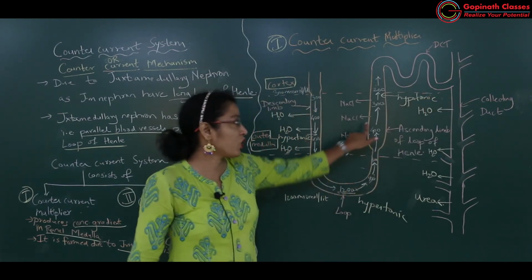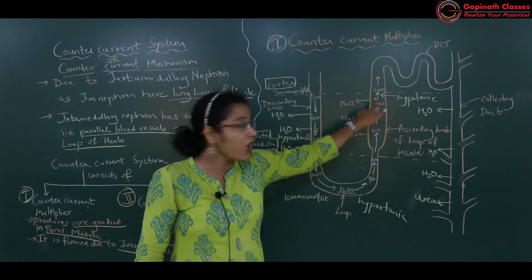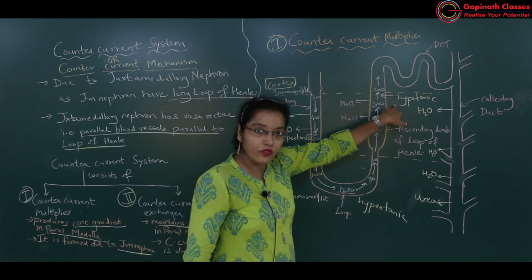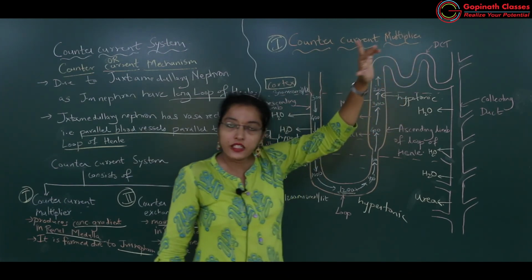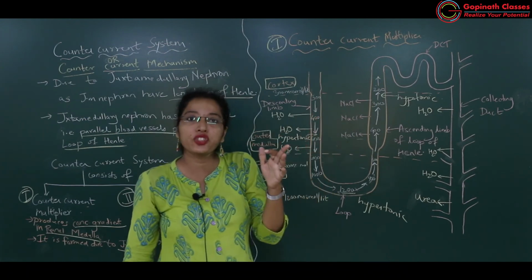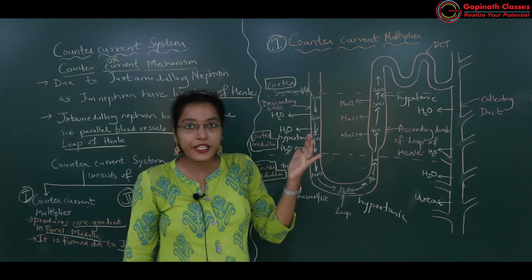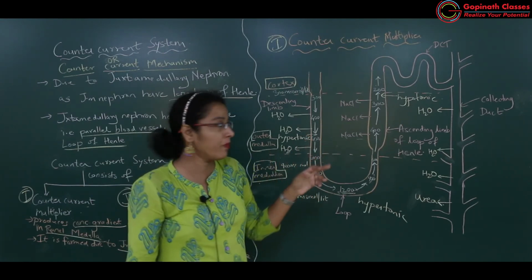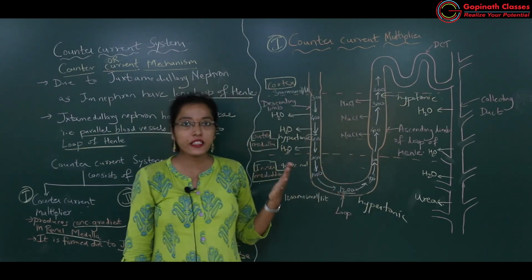Hypotonic क्यों? Because salts बाहर चले गए और water का concentration बढ़ गया, means this has become dilute, hypotonic. And when this hypotonic nephric filtrate enters the DCT, due to conditional reabsorption, water will be reabsorbed. More water will be reabsorbed, and likewise concentrated urine will be released out.